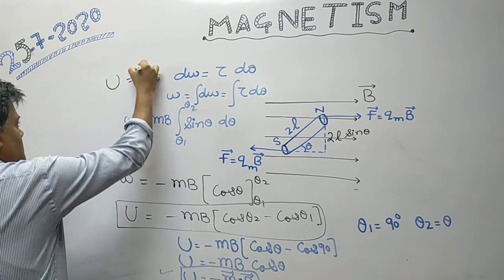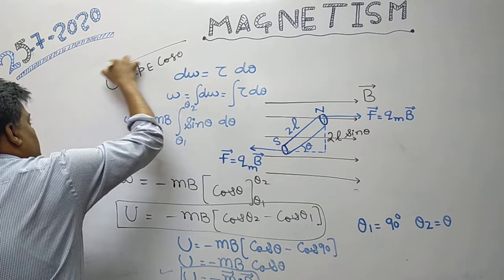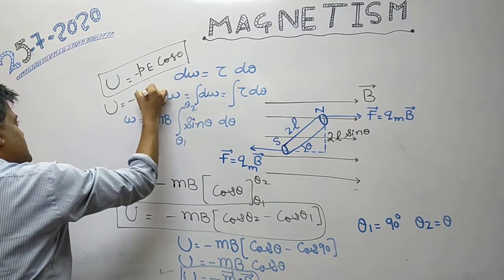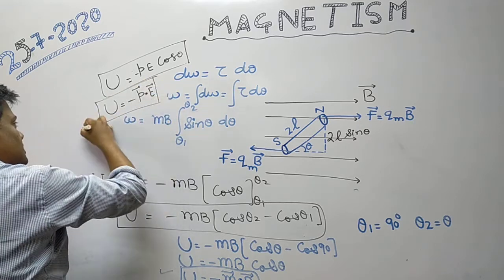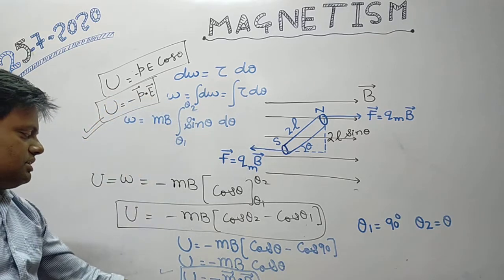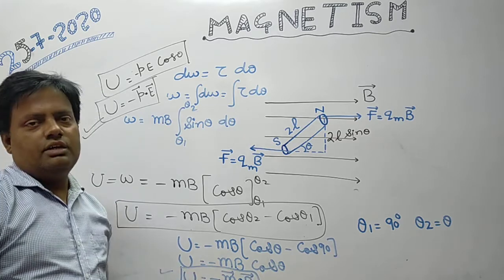U equals PE cos theta in an electric field, or U equals minus P dot E. You can see this is U equals minus P dot E, and for the magnet U equals minus M dot B. Thank you.